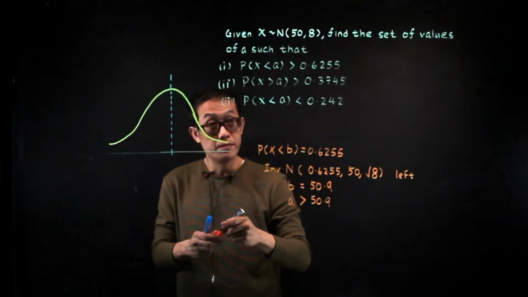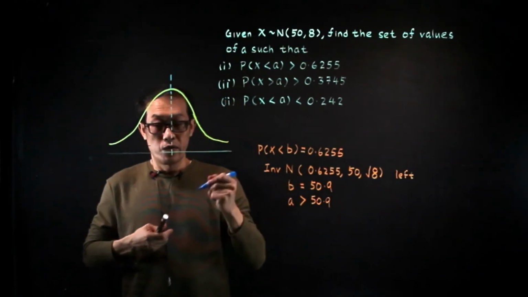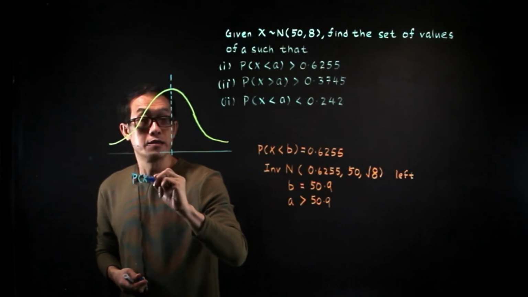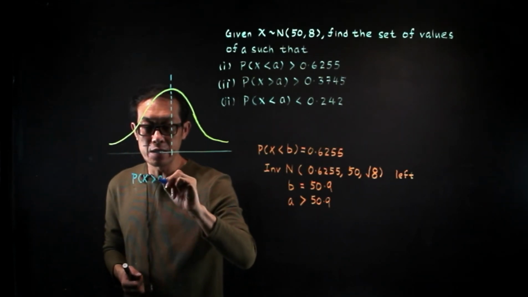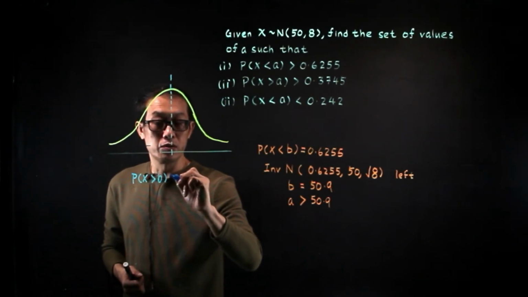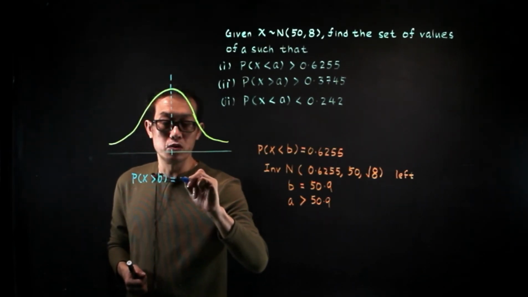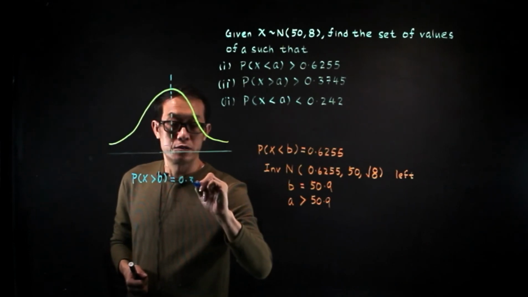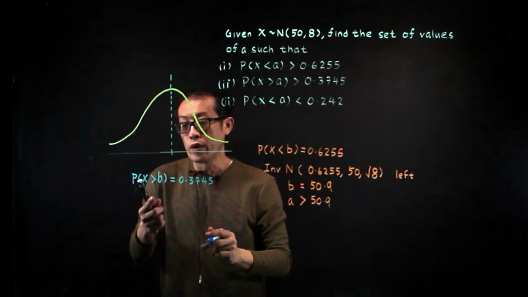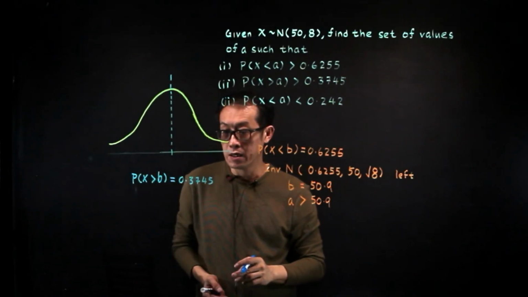Now let's put P of x greater than B, and you want it to be equal to 0.3745. Now, where is this B?